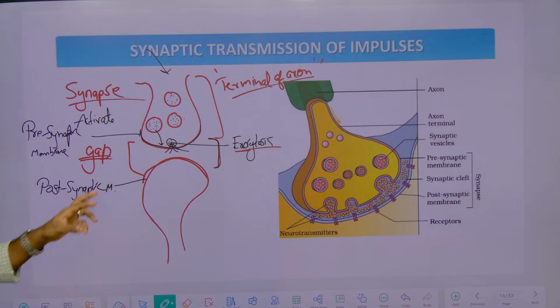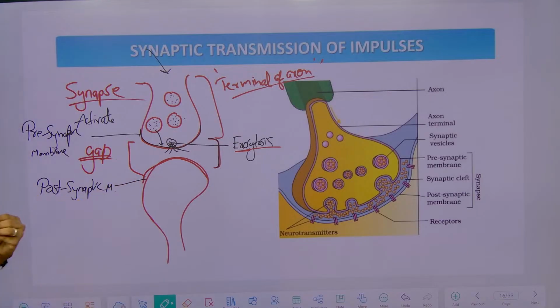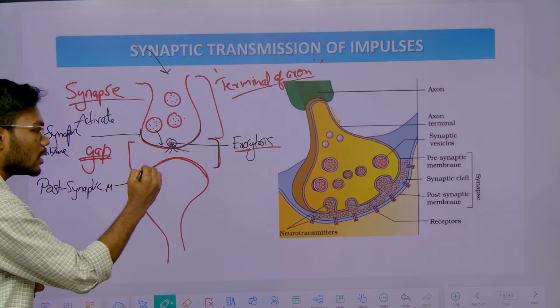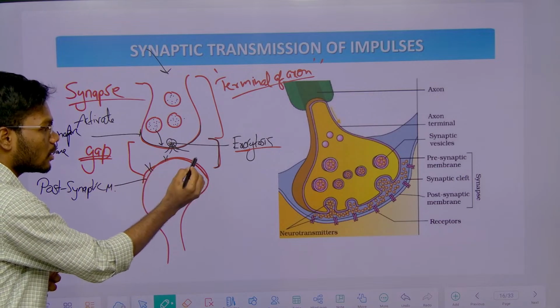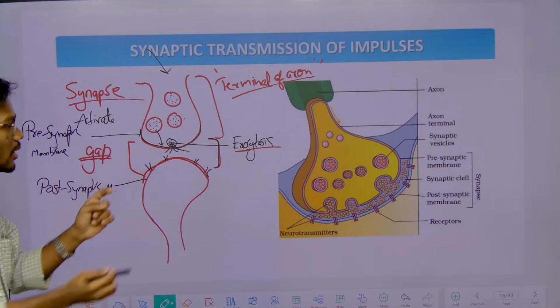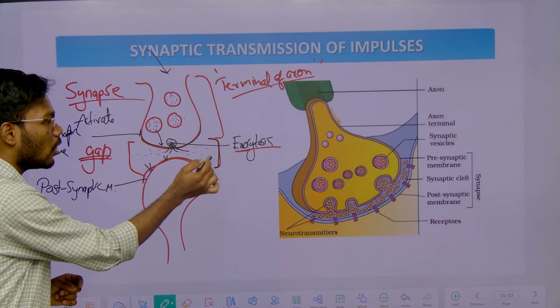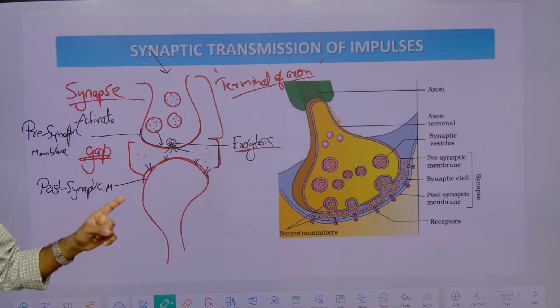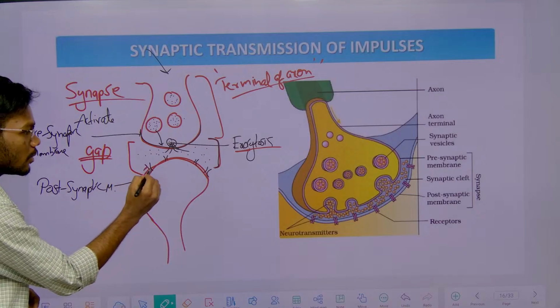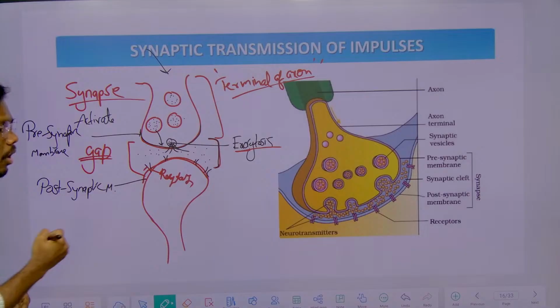The neurotransmitters are released out into this gap, the synaptic cleft. In this postsynaptic membrane there are some receptors for the neurotransmitters. Whenever the neurotransmitters are released in the synaptic cleft, all these go and bind with receptors.